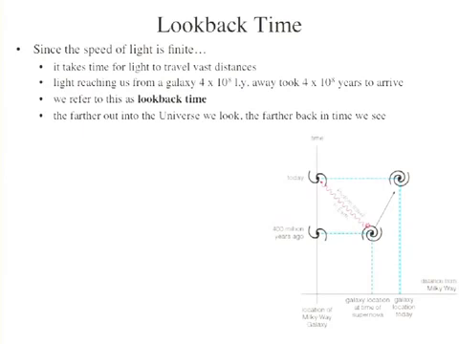The further out in the universe we look, the further back in time we see. Of course, that is familiar to us all. If we look at the sun, we see the sun as it was 8 minutes ago. If we look at Jupiter, we see it as it was half an hour ago. If we look at a star, it's typically a few years light travel time.